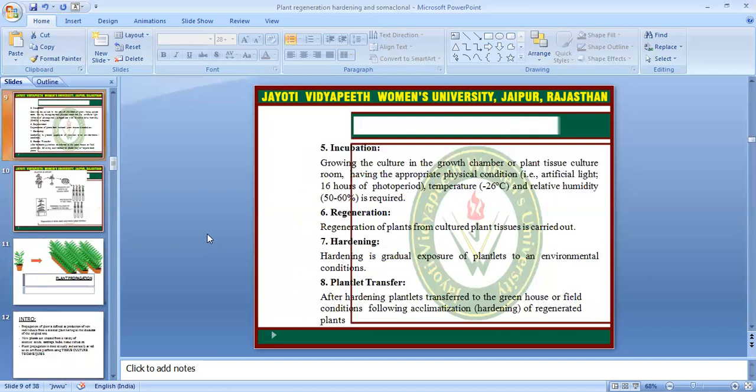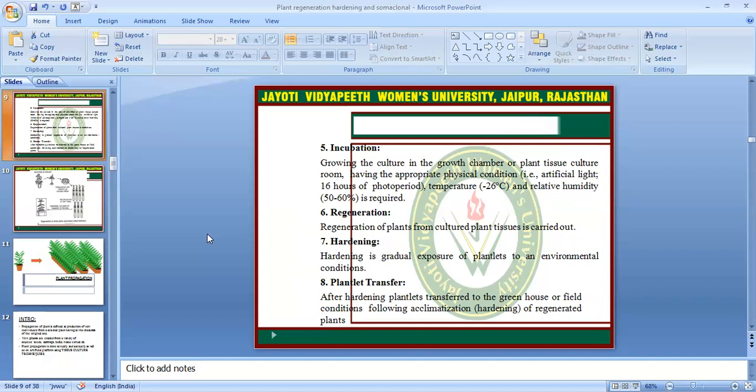Next is the incubation period, which means growing the culture in the growth chamber or plant tissue culture room having appropriate physical conditions: artificial light for a 16-hour photoperiod, temperature of approximately 25 to 26 degrees, and relative humidity of 50 to 60% is required.